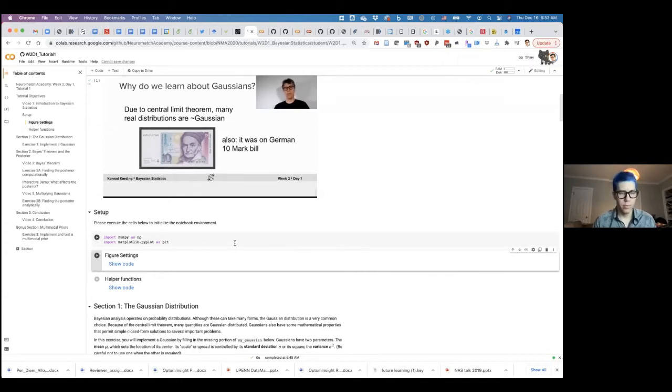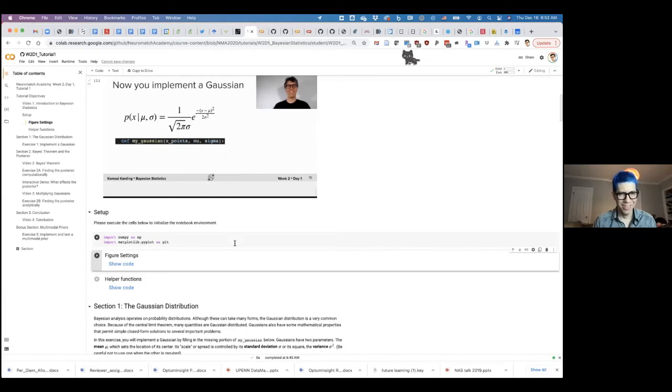Also, me coming from Germany, it was on the German 10 mark. And that alone is a reason that we should think about Gaussians. So now it's time for you to implement a Gaussian in Python. Here you can see the equation for the Gaussian; write a function that sets up the my Gaussian function. Enjoy.